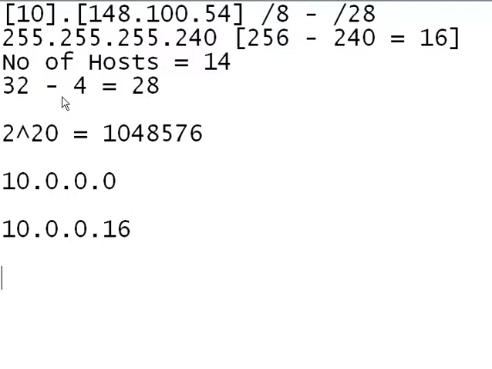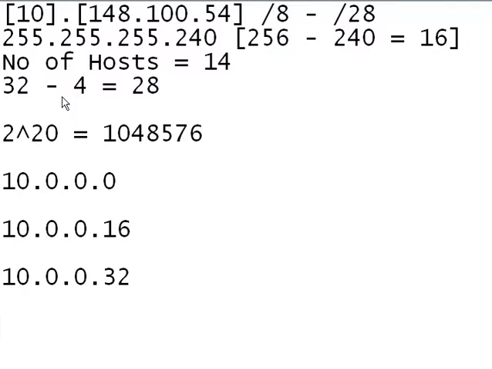So 16 into 0, 16 into 1, 16 into 2, till 16 into 1048575. Actually it's not exactly like that.